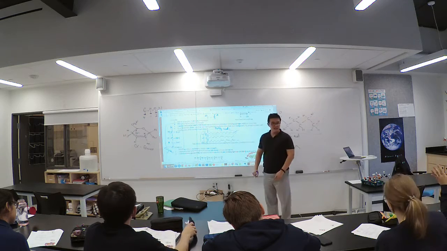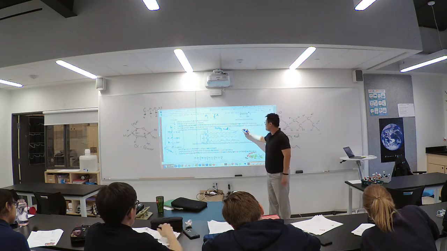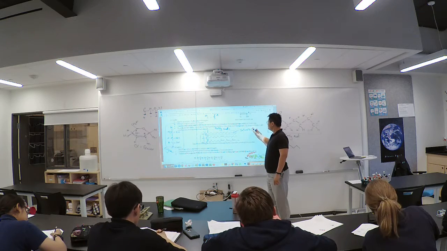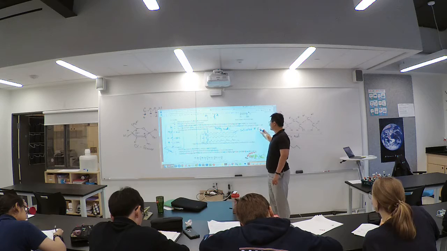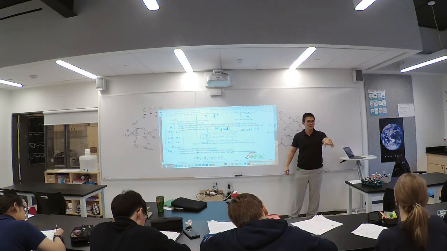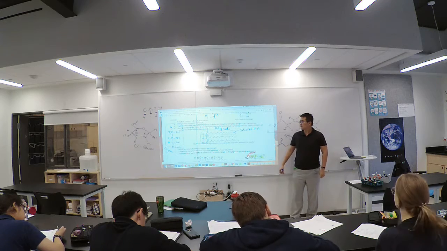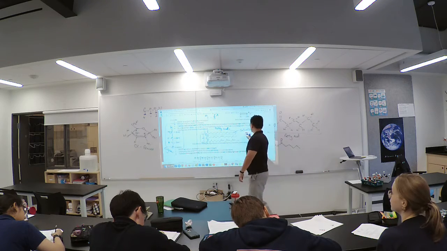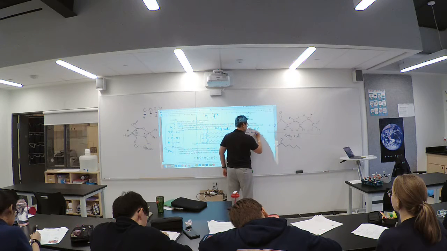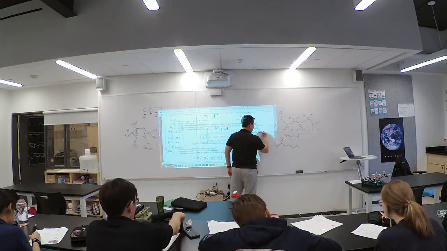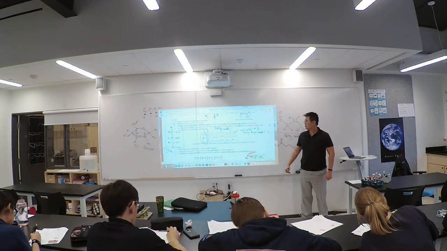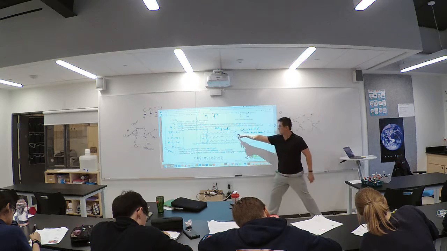Because these are only single bonds, we call them saturated fatty acids, FA. Did you learn this last year, Jordan? Because these only have single bonds. They're all single bonds here.